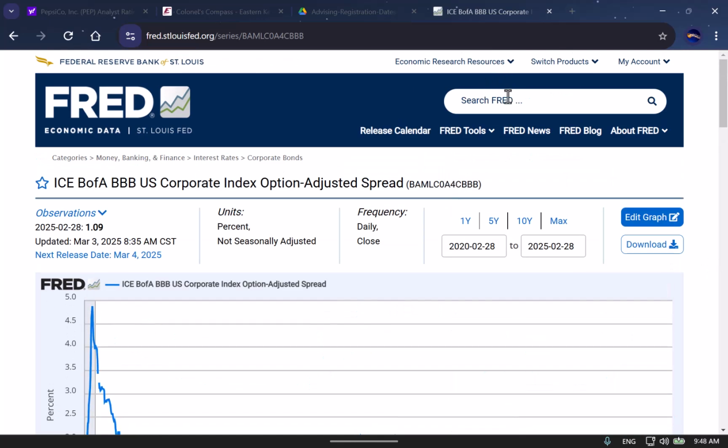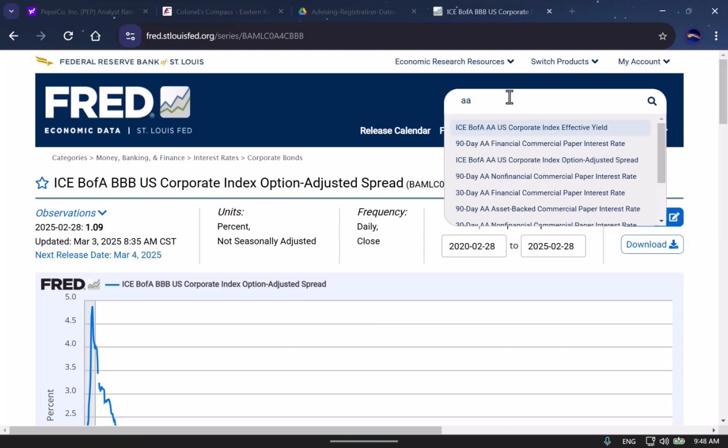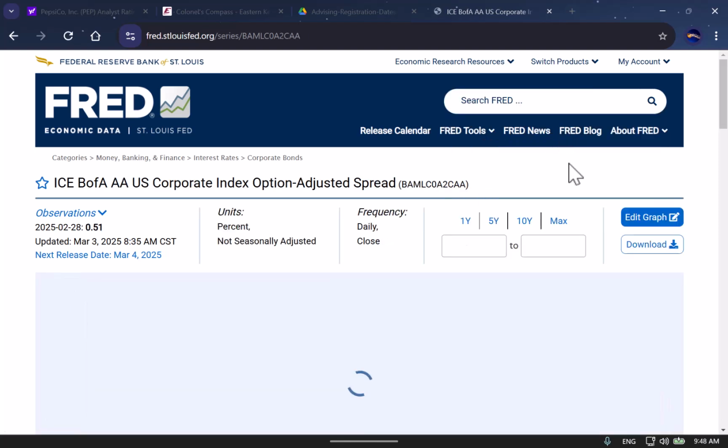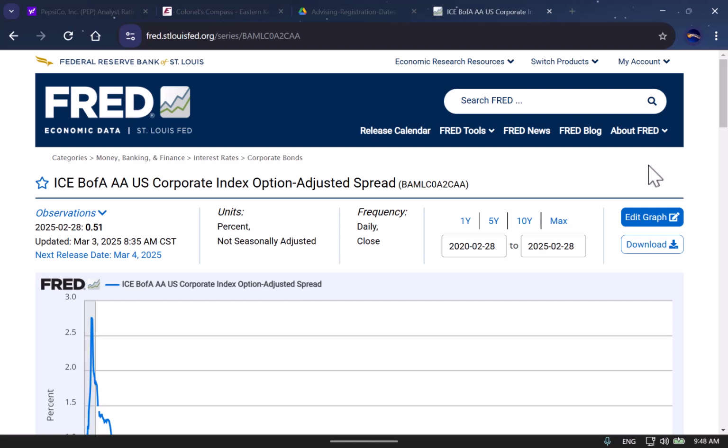If you wanted to know, for example, what's the double A spread, option adjusted spread, that's 51 basis points.